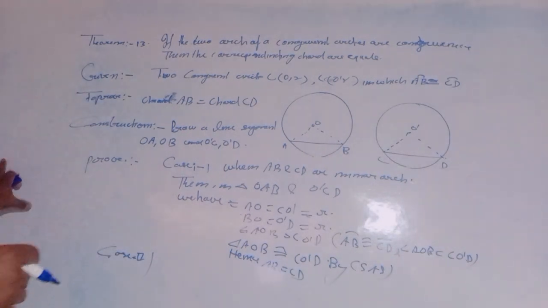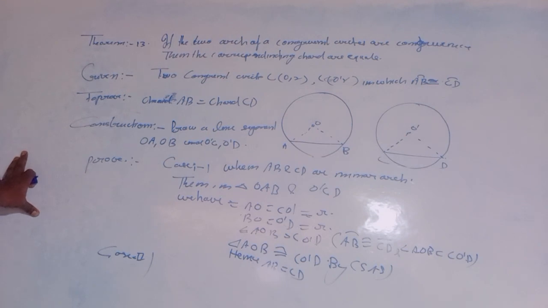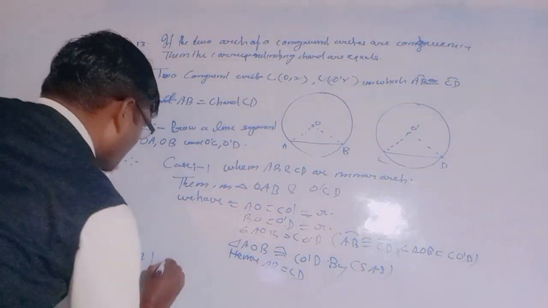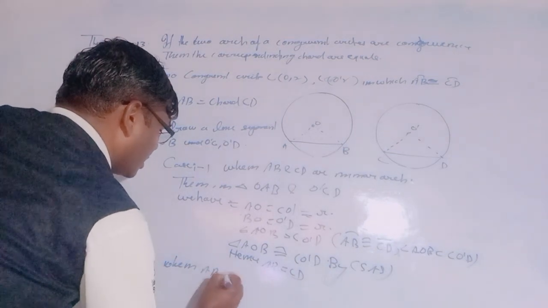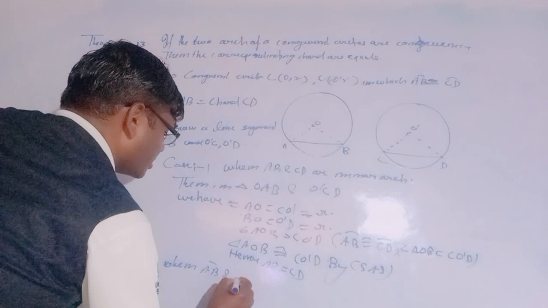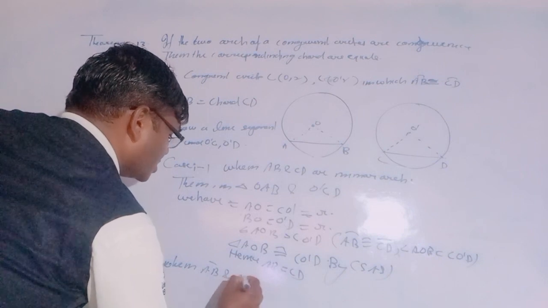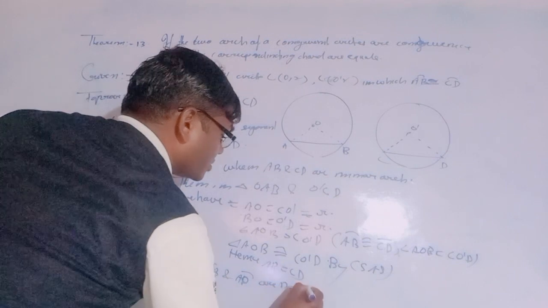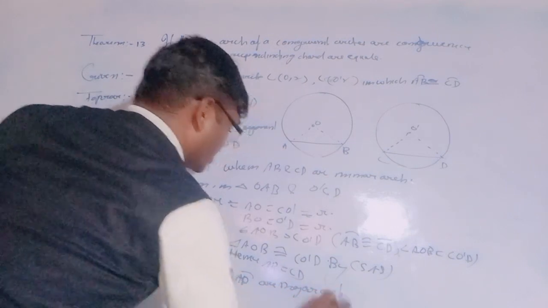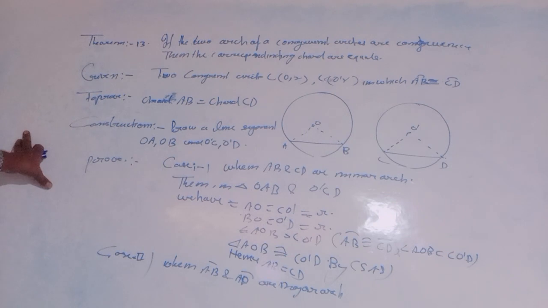What is case second? In case second, suppose that we are taking AB and CD as major arcs.